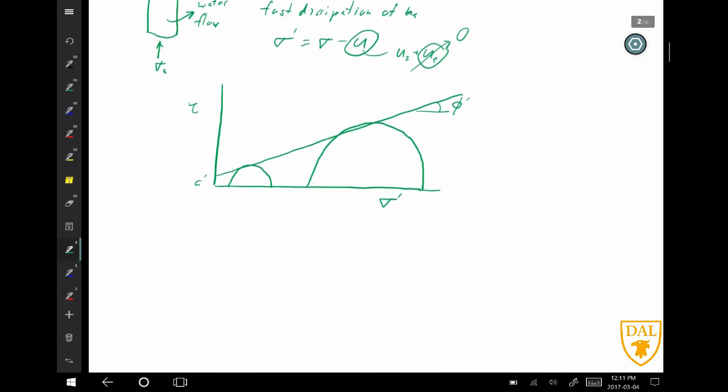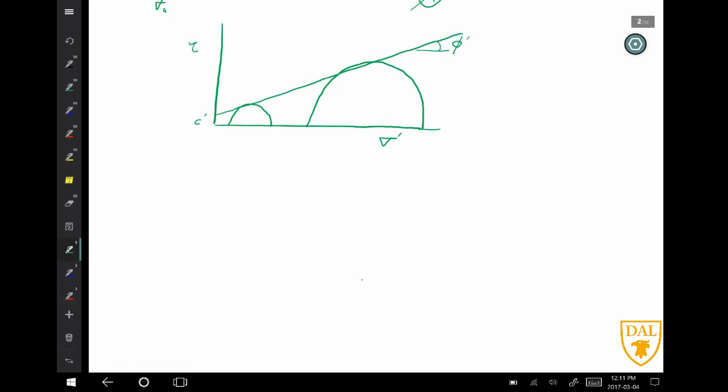Okay. So like you said, although the excess pore pressure is 0, US can still exist, the static portion, and has to be accounted for.